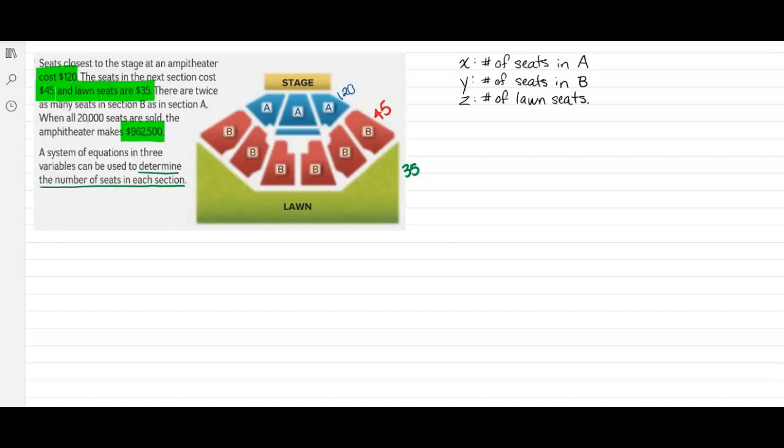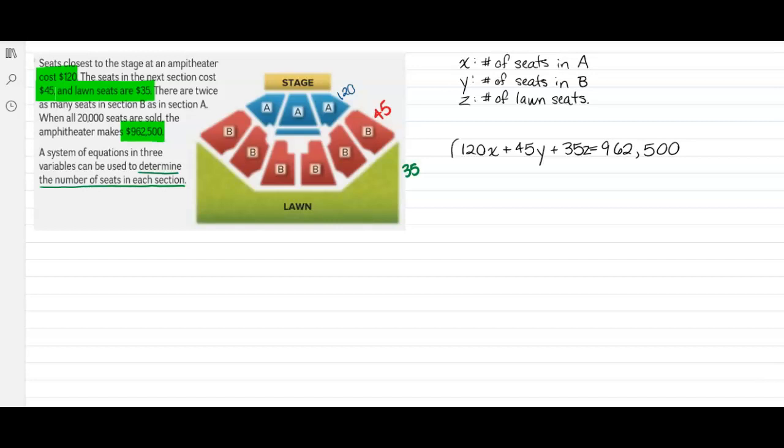So we can write an equation representing that. We can take 120 times the number of X seats, 45 times the number of Y seats, and 35 times the number of lawn seats. And altogether, it made a profit of $962,500.